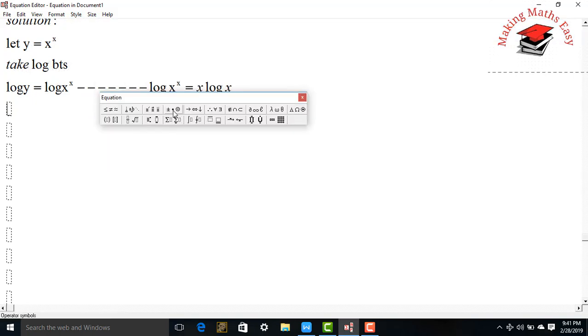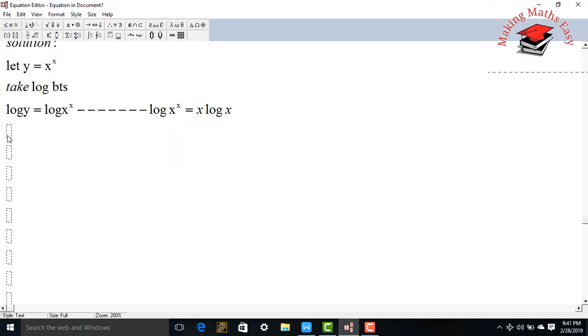So for differentiating it with respect to x, we will get the value as follows. First of all we will differentiate the log function, and then we will differentiate the y function, as we know the derivative of y with respect to x is dy by dx in this case.